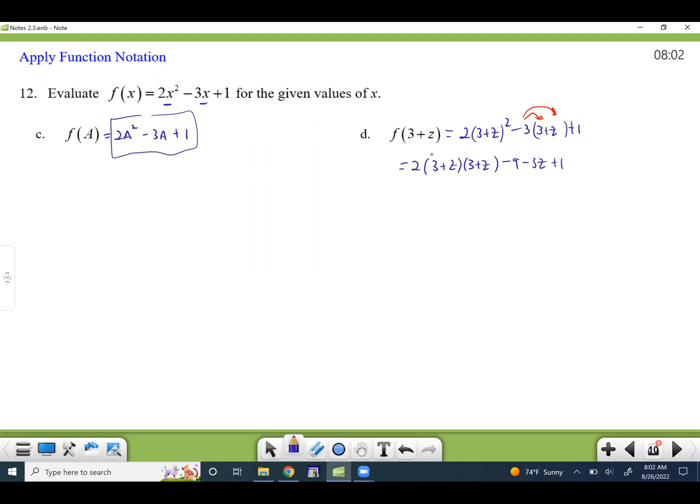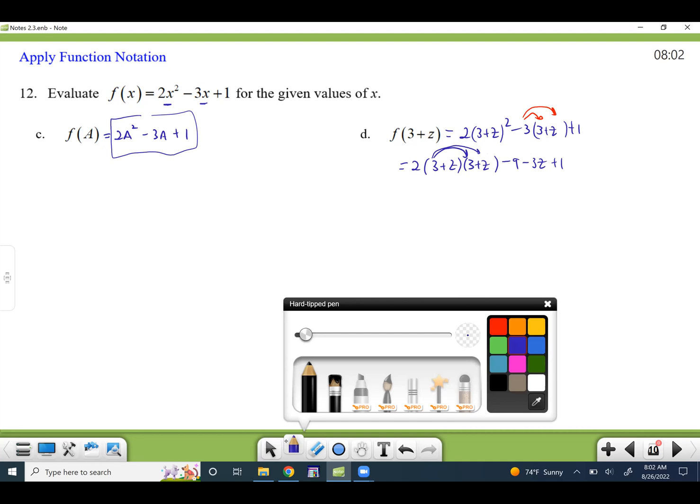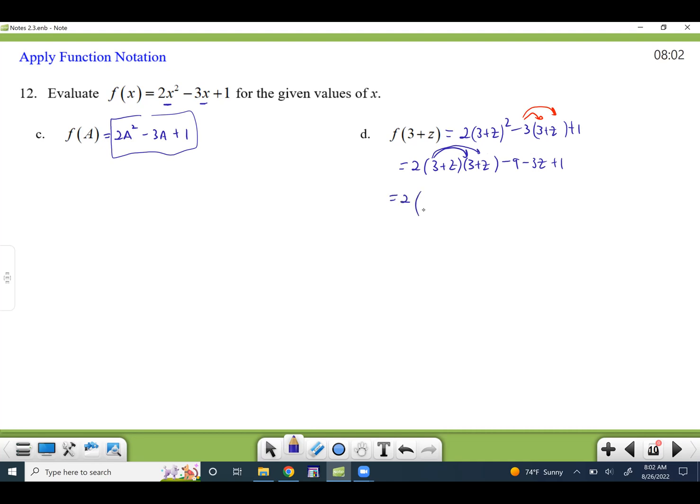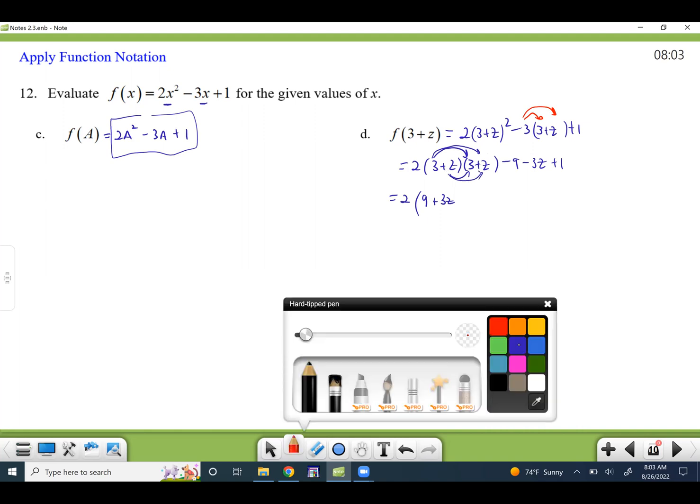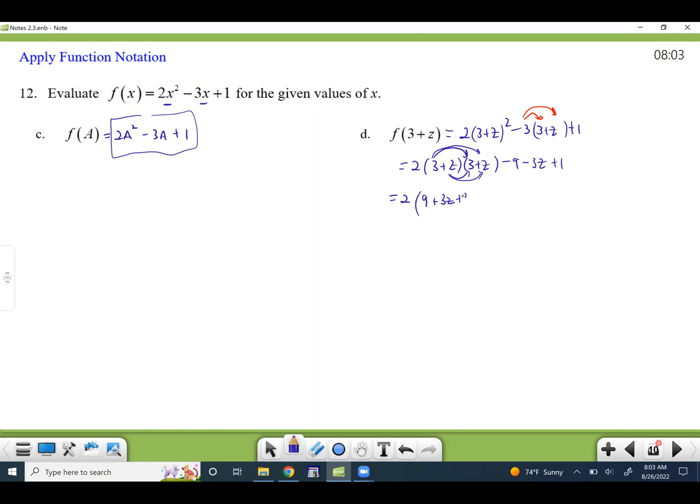Okay, then meanwhile, let's do this foiling here, right? So let's see. We got 3 times 3 is 9, and 3 times z is 3z. And then we're going to do these two, z times 3 and z times z. So z times 3, 3z, and z times z, z squared.